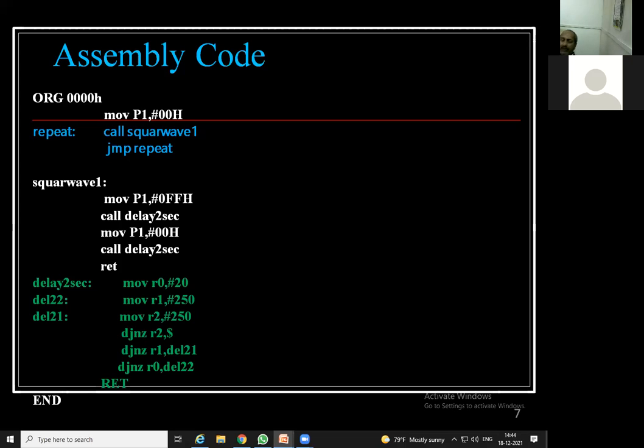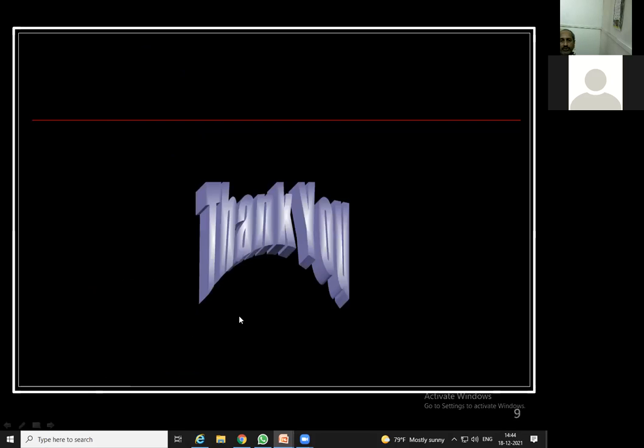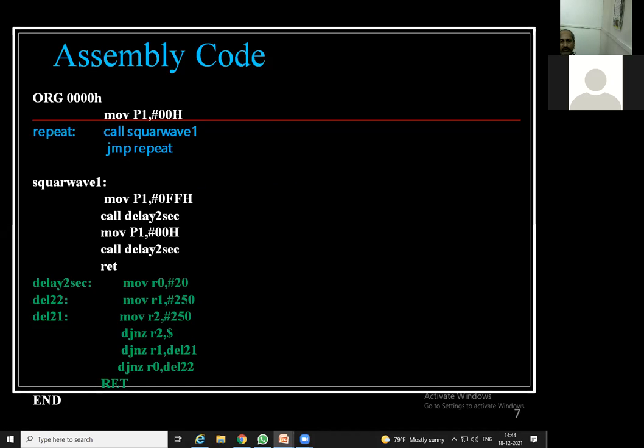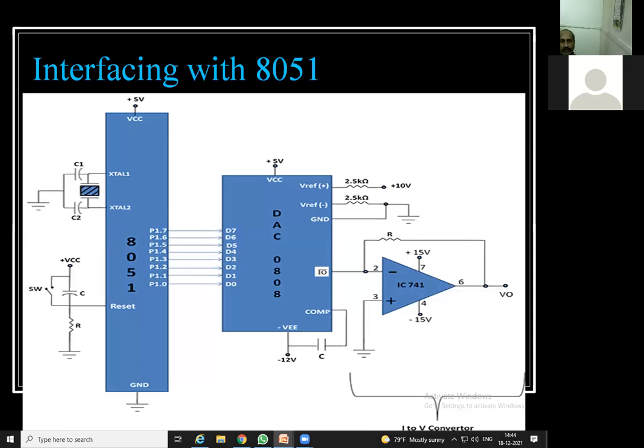Whichever you feel is easier to remember or easy to implement, you can utilize that delay code. Okay, so this is the assembly code, and we are going to run it and see how it works with this particular 8051.